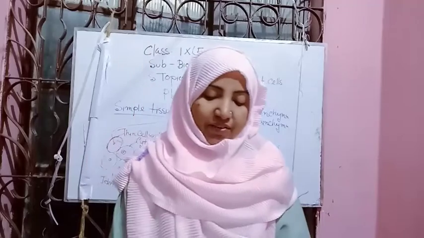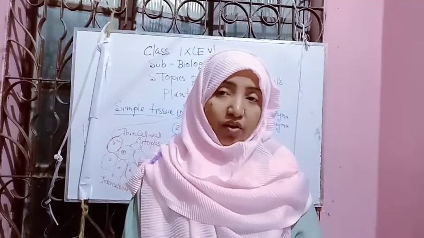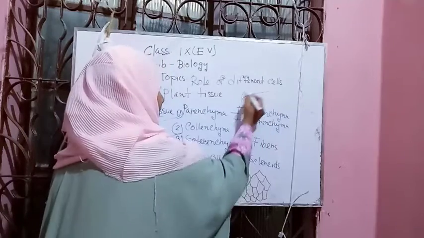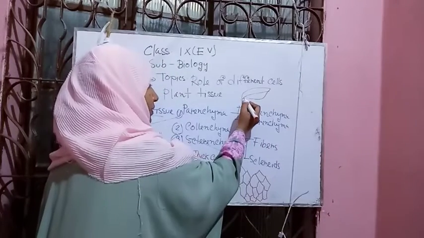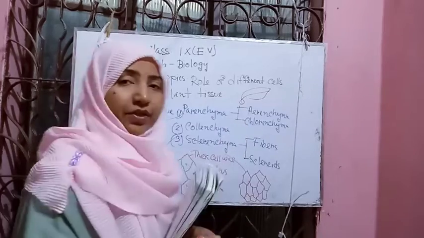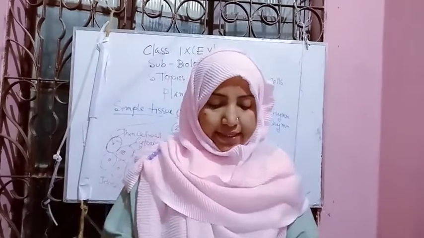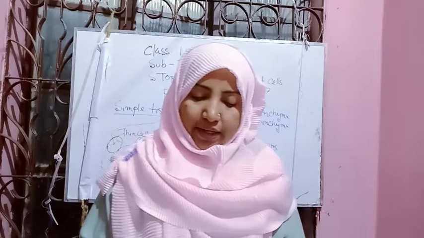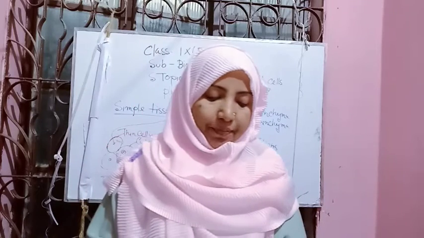They are found in the veins and the petioles of leaves. Veins are the leaf structure, the middle structure is the main vein, and this structure is the petiole. Again, this kind of tissue provides rigidity to young and supple stems.